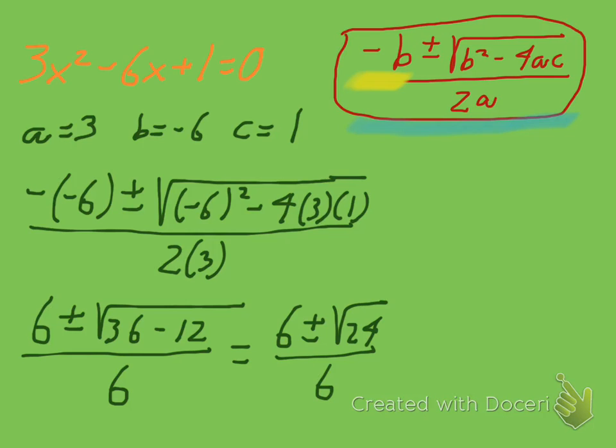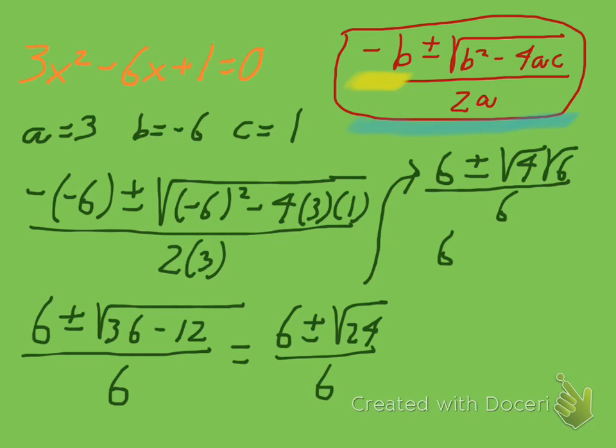Now I'm not done, because the square root of 24 actually has a perfect square in it. So this is 6 plus or minus the square root of 4 times the square root of 6, all over 6, which we can simplify. This becomes 6 plus or minus, the square root of 4 is 2, the square root of 6, all over 6.